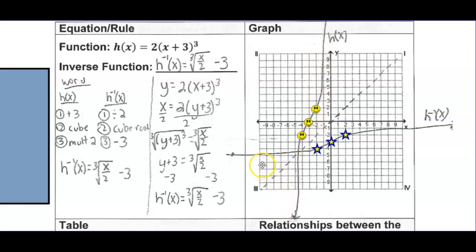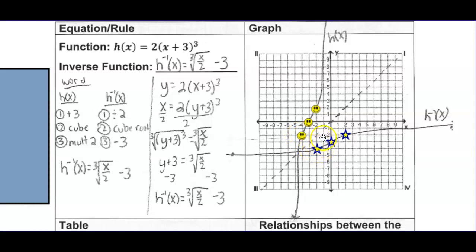So we know that inverses are symmetrical over the line y equals x. So y equals x is here. And we can just simply count the distance across perpendicular on a slope of -1. That's one way to find those points. Or we could switch the coordinates. So if I have a point at -4, -2, that's this first point here, I can just switch it to -2, -4 and plot it.